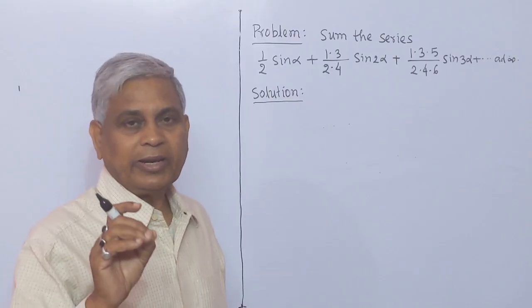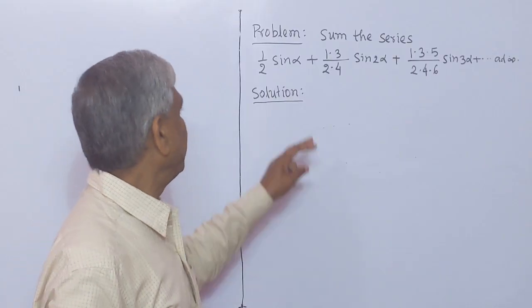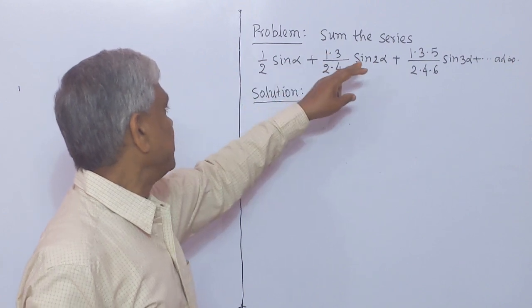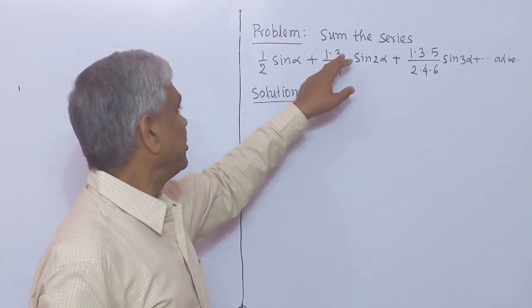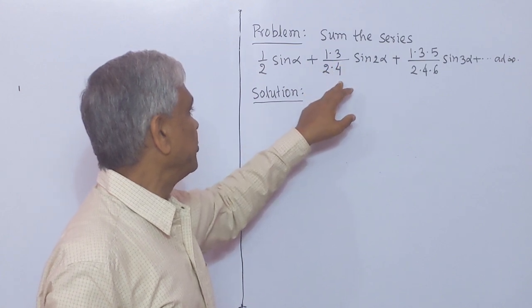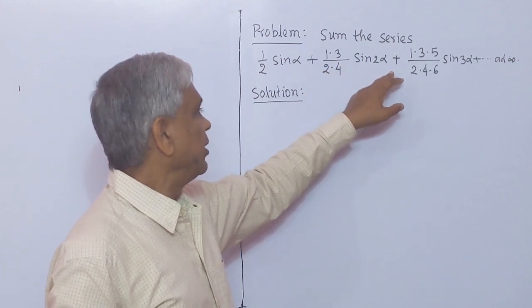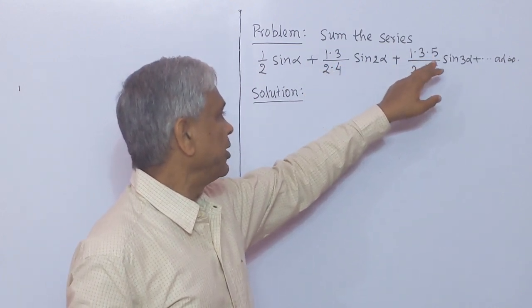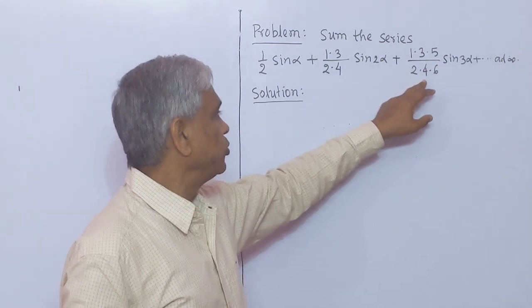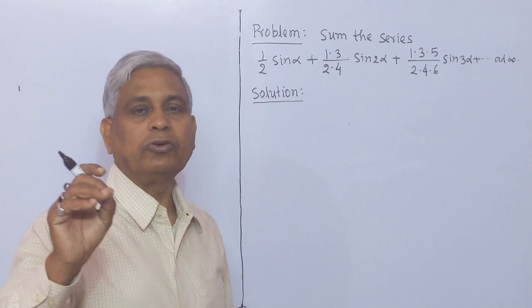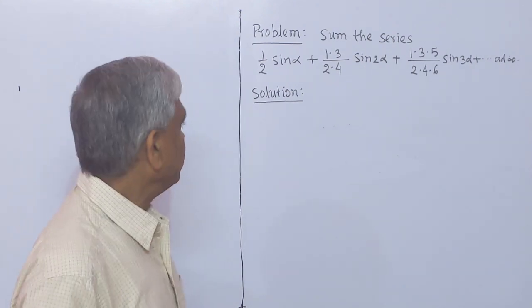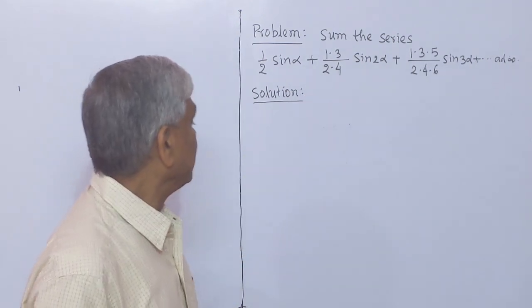Now we solve the next problem. Next problem is sum the series half sin alpha plus 1 multiply 3 by 2 multiply 4 sin 2 alpha plus 1 multiply 3 multiply 5 by 2 multiply 4 multiply 6 sin 3 alpha plus dot dot dot. Now we solve this.